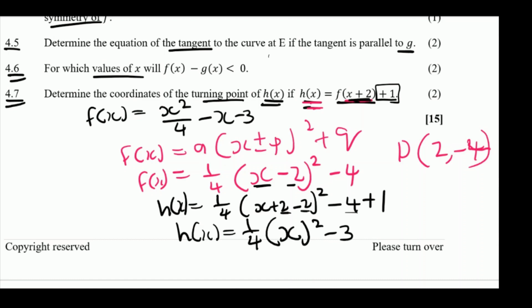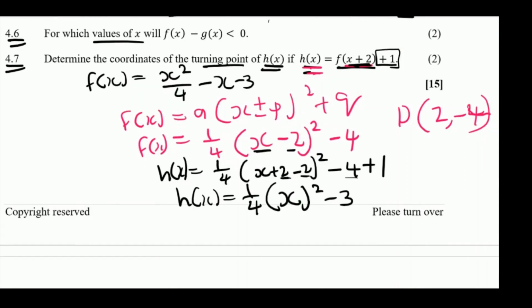So we can tell from this equation the turning point of it. The x value of the turning point is equal to 0 because here it's only x, and the y value, or the q rather, is equal to minus 3. So the turning point of the graph of h of x is going to be 0 and minus 3.